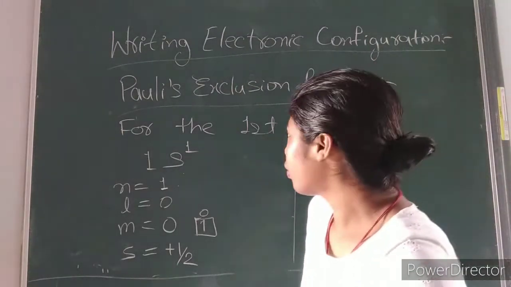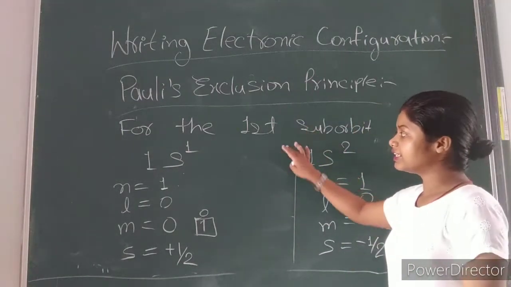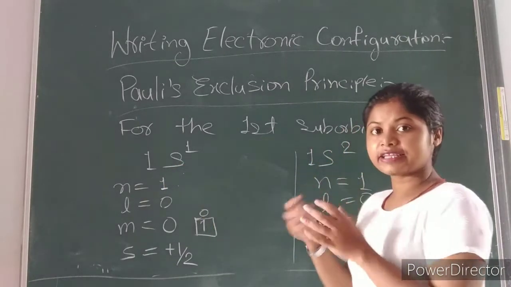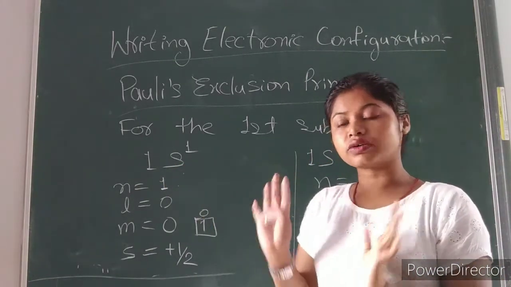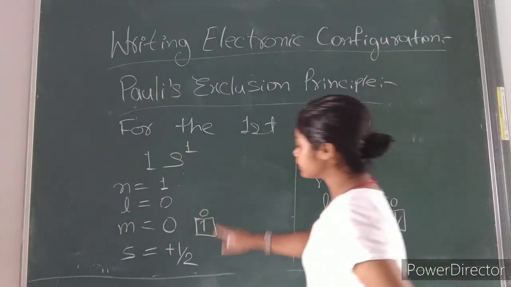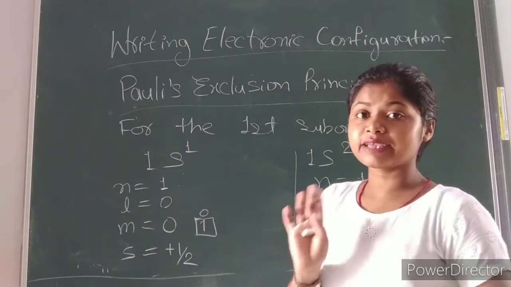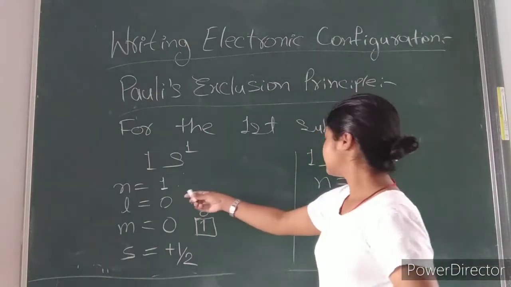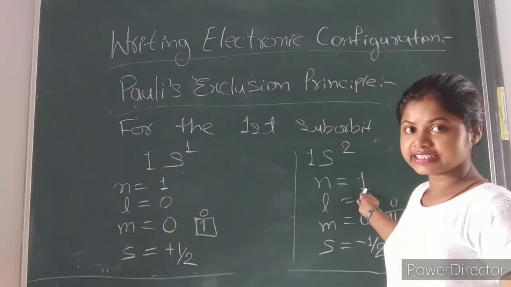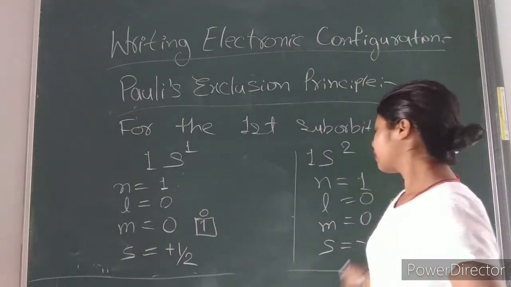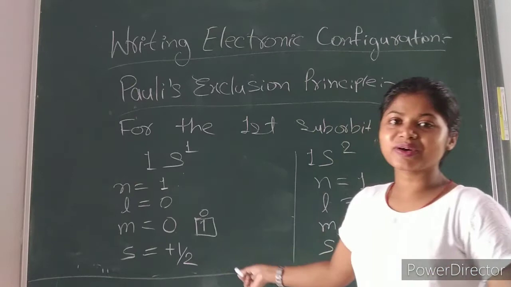Pauli's exclusion principle says that even if you take the electrons of the same atom, none of the electrons will have the same set of quantum numbers. Here you can see n is the same, l is the same, m is also the same, but the spin quantum number is different.